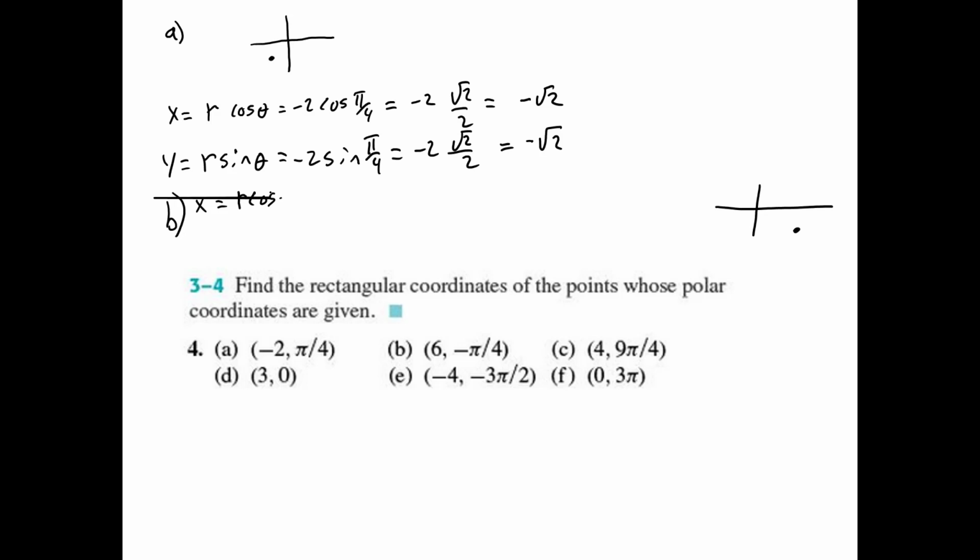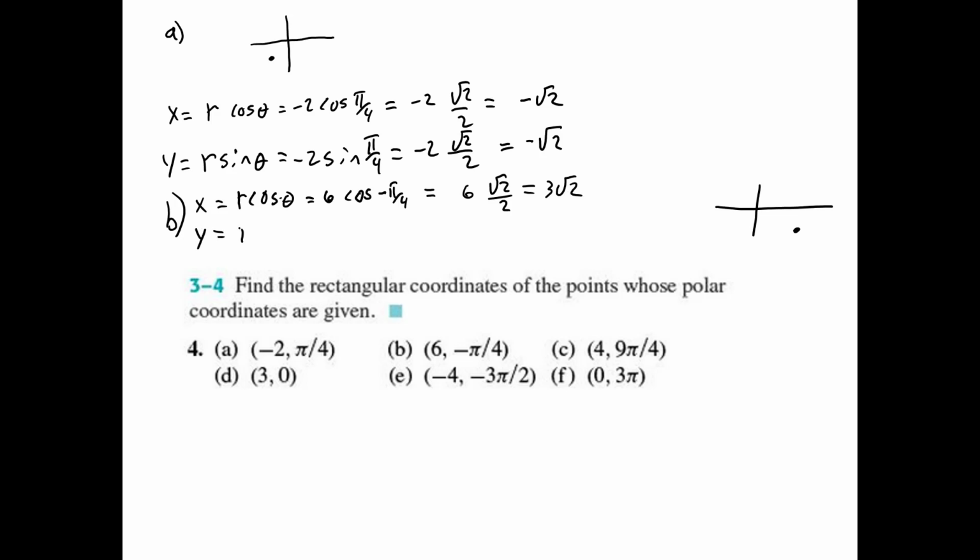If you keep writing these things down, you will memorize them whether you want to or not, which is 6 times the cosine of negative pi over 4. Reference angle is pi over 4, 45 degrees. Cosine is square root of 2 over 2.